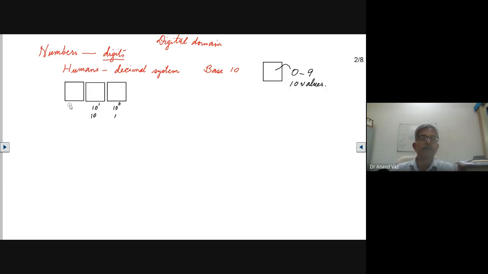And here we have 10 raised to 2, that is 100. You can go on adding more boxes. So you'll get 10 raised to 3, 10 raised to 4, and so on, depending upon what you want to do.